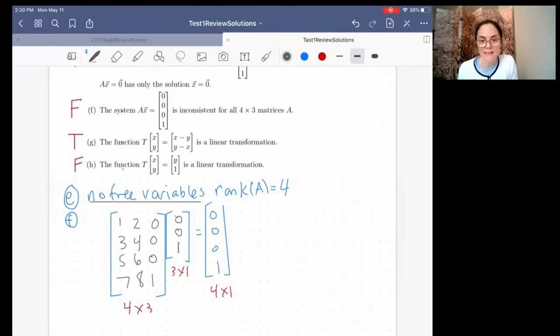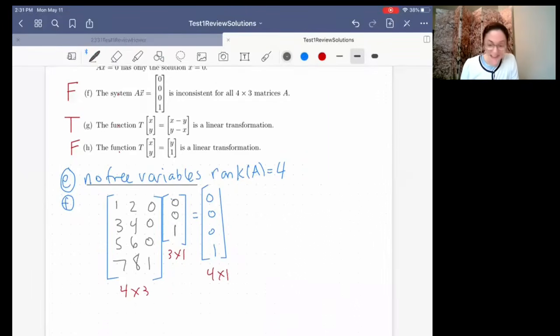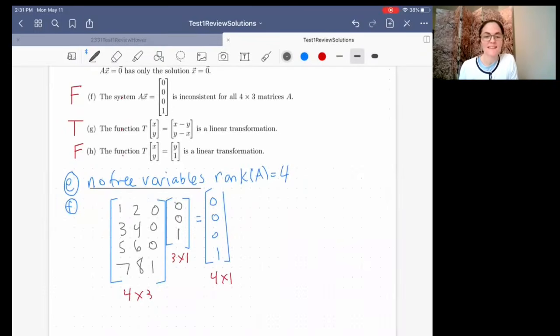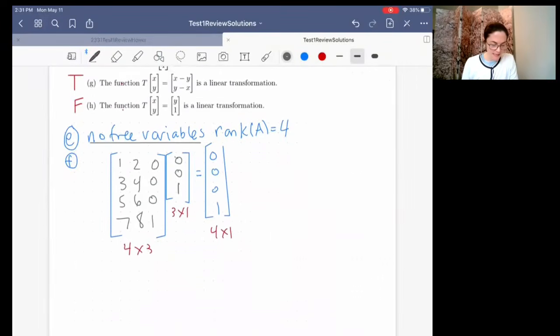This is exactly this vector. So, in fact, you could come up with many more examples, but this is definitely not inconsistent for all 4 by 3 matrices A, because I found one 4 by 3 matrix and I found one x, for example. We could have come up with a lot of other examples on this one, but I just needed one. Okay, now let's do G and H.